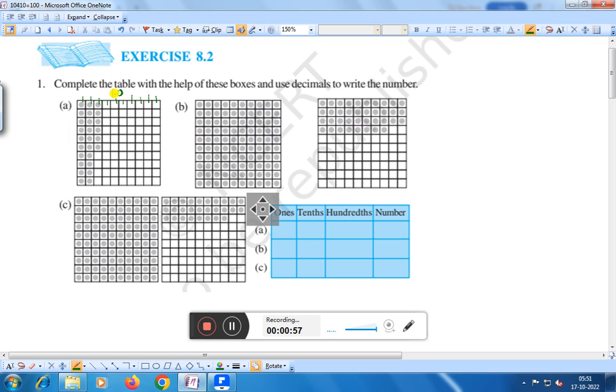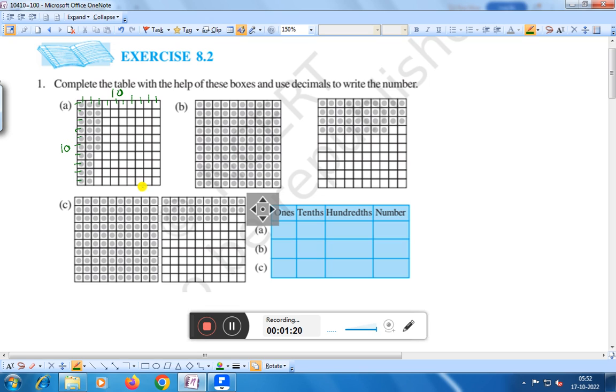And also count in the vertical direction: 1, 2, 3, 4, 5, 6, 7, 8, 9, 10. In this direction also there are 10 boxes.